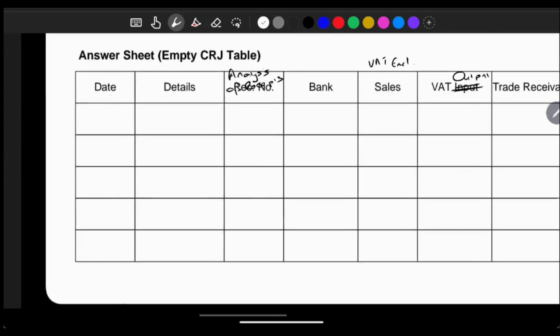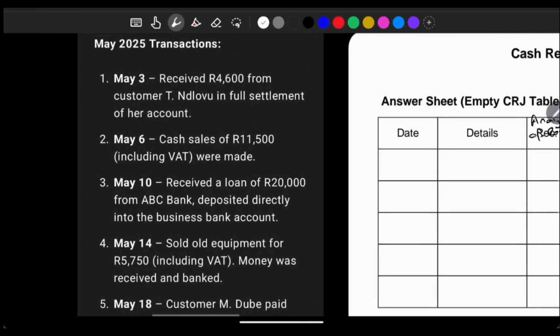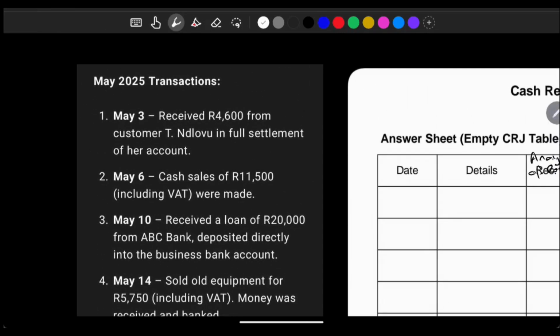With the first transaction, we have the 3rd of May, received 4,600 from customer T Ndlovu in settlement of her account. If someone is settling their account, that means they owed you at one point, and the people that owe us we call our debtors.